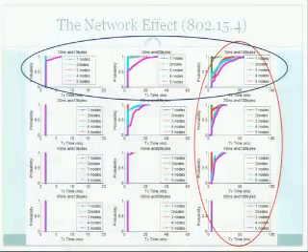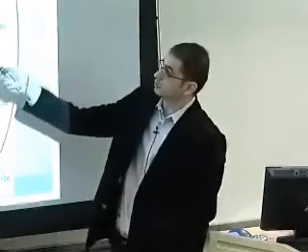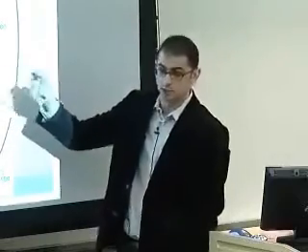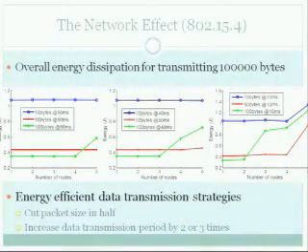Now, getting 2 or 3 times higher packet transmission time means that we also get higher energy consumption on the radio. And the same thing can be seen not only across different packet transmission periods, but also across different packet sizes. The smaller the packets we use, the fewer the backoffs, so the less the actual energy consumption.